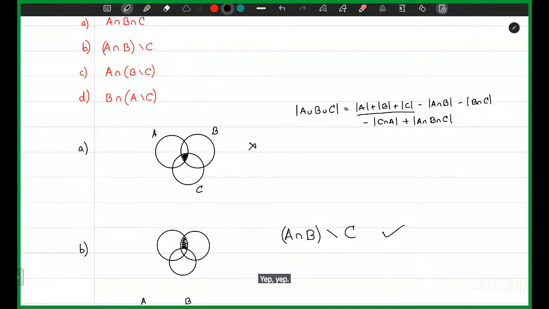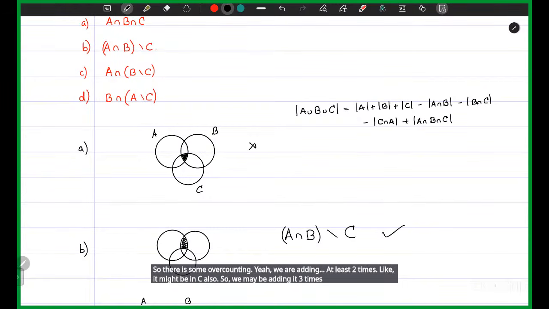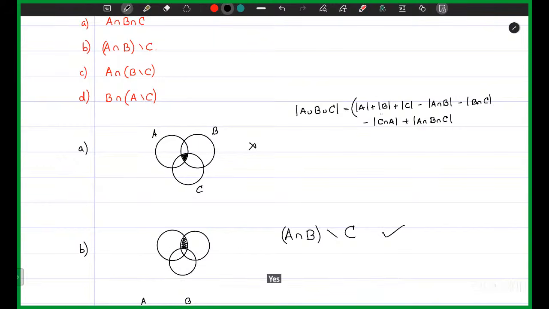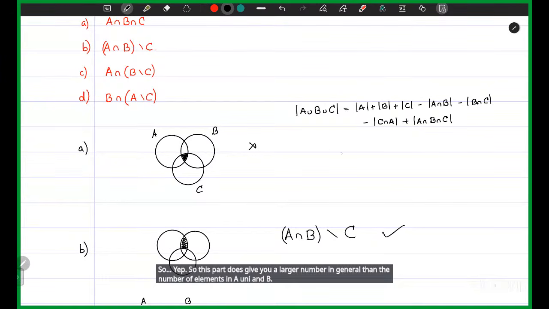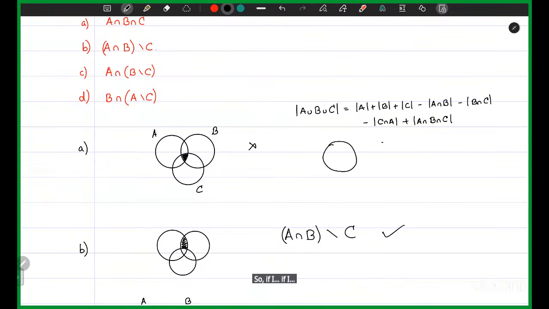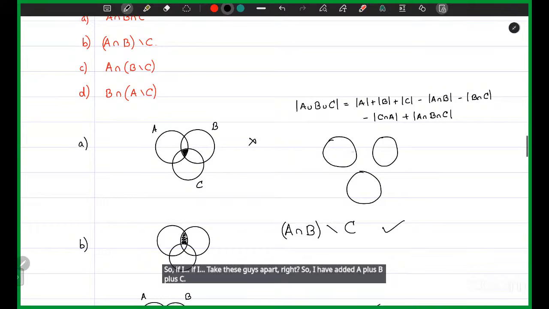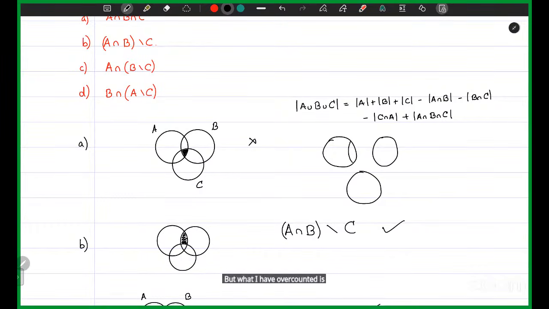Do you understand what I'm saying? Yes, sir. We are adding at least 2 times. It might be in C also, so we may be adding it 3 times. So this part gives you a larger number in general than the number of elements in A union B. If I take these parts apart, I have added A plus B plus C, but I have overcounted this for sure.